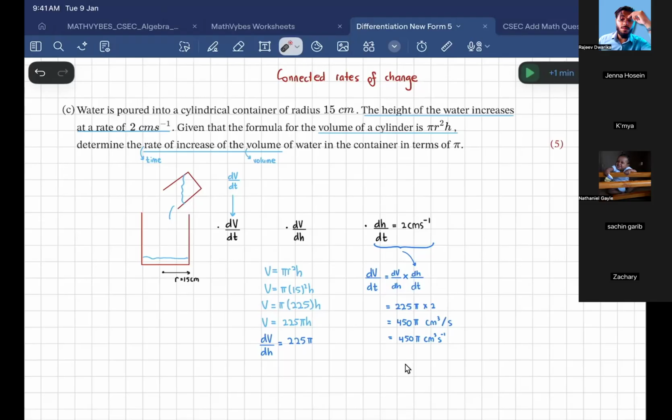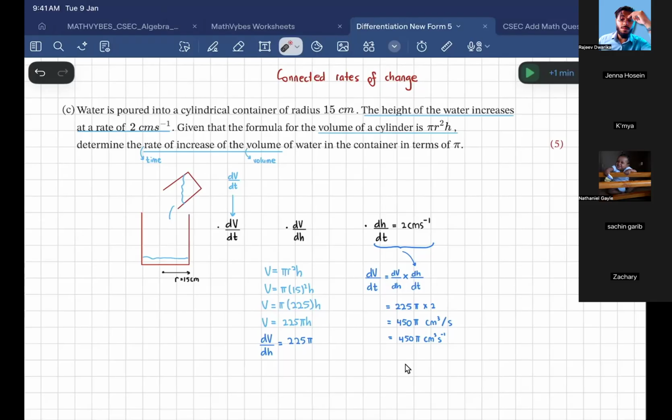And then to find dV/dt, you just multiply the 225 pi by 2, because that's what they gave us for dH/dt, and you'll get 450 pi centimeters cubed per second.